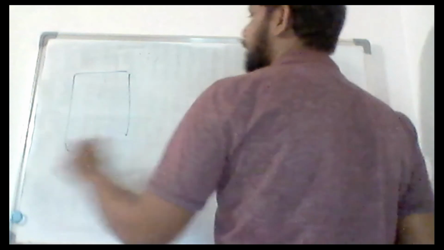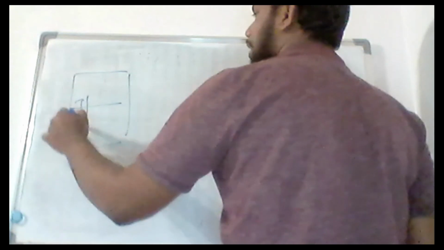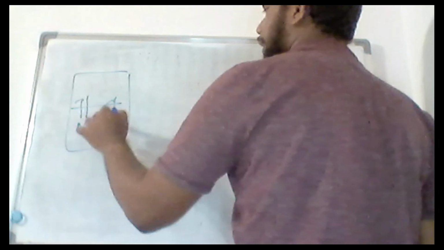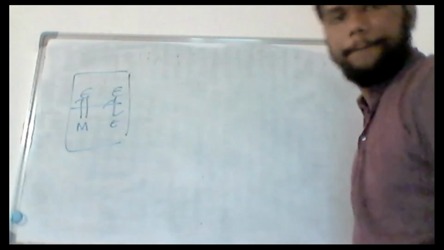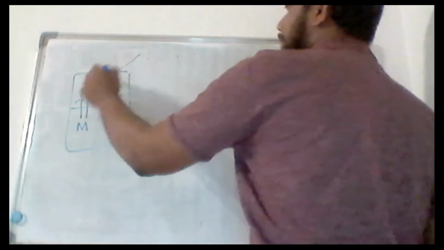So we have a binary solution where methanol and ethanol are in equilibrium with their vapor. And pressure is given.